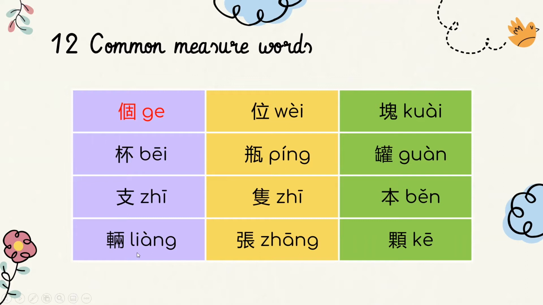And this one, 辆, 瓶. This one has the same pronunciation as the previous one, so you also have to curl your tongue. 张, 章.